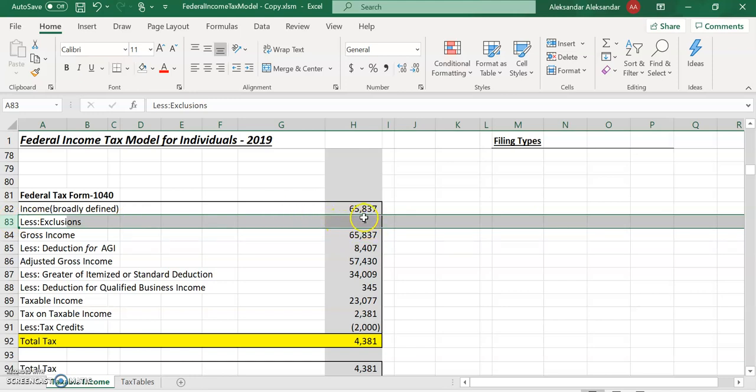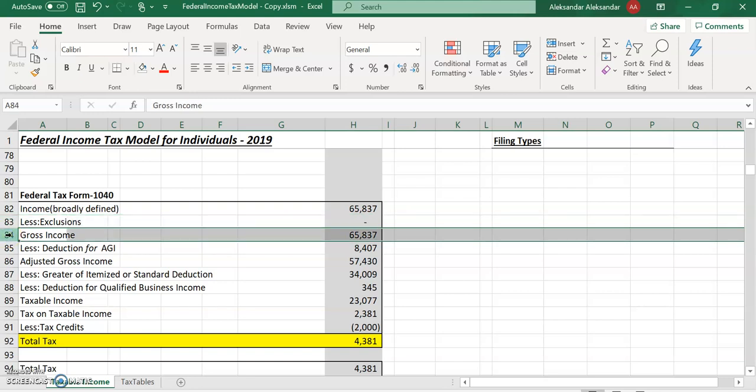You don't have to include it in income. And I know that a lot of us have financial aid, so just so you know, this is not included in income, and you can double check that with your tax advisor or on the internet, but please note that it's not included. And we arrive at gross income.